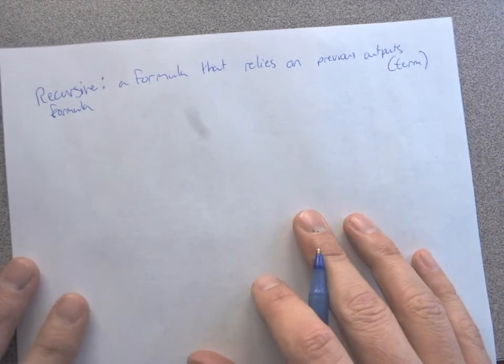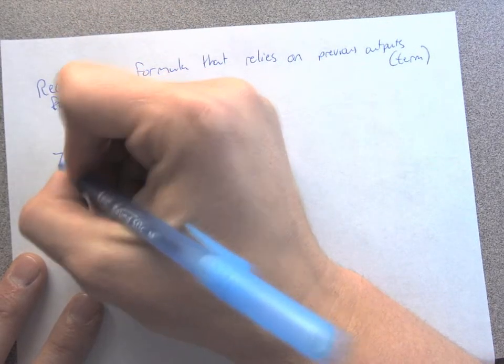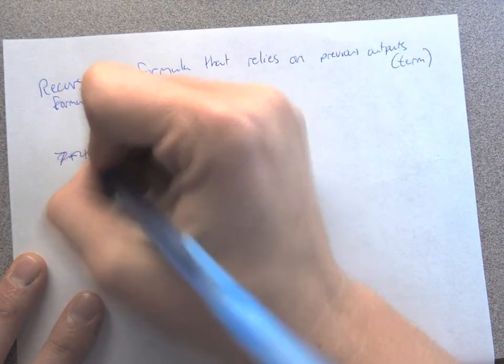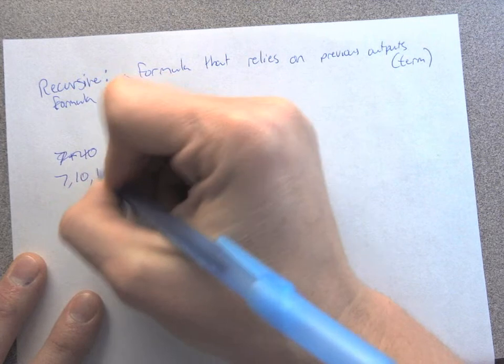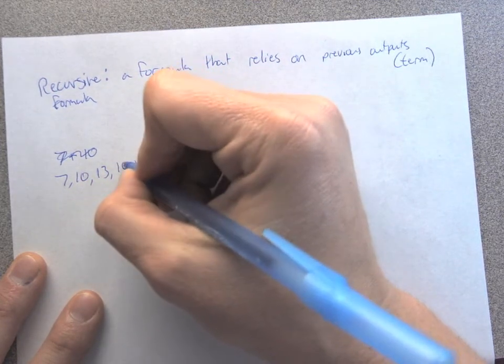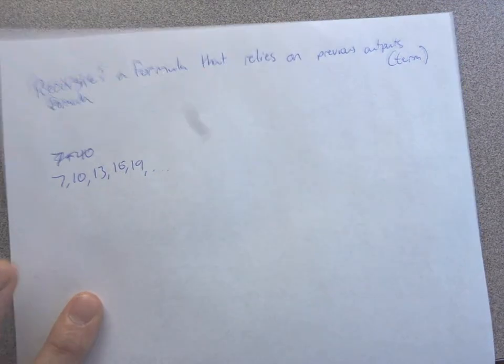Let's go ahead and start with a sequence. We'll do a new sequence here. So let's do this guy. 16 and 19. So it's going up by 3 every time. Okay.